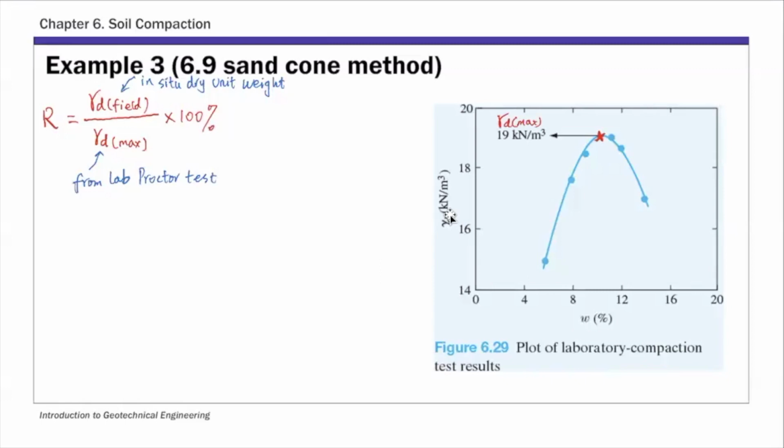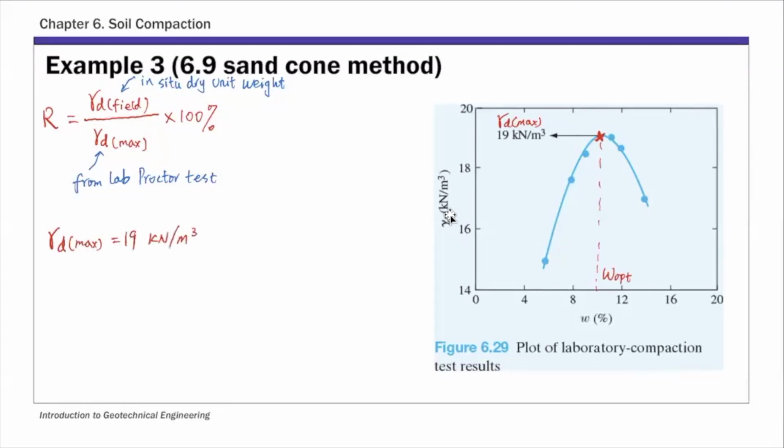And of course, you can get the corresponding moisture content. Remember, that's called optimum moisture content. Okay. For this example, we're not asked for that, but you can get that from the curve if you want. So this gamma D max is about 19.